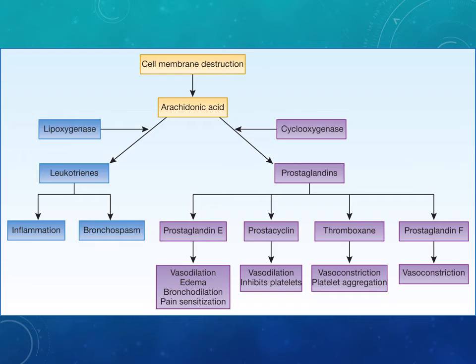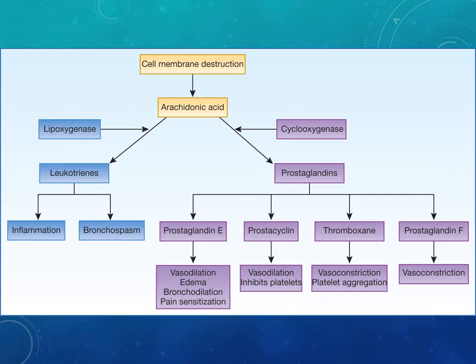So this shows what happens in the inflammatory process, where we start with destruction of cell membranes, which results in the release of chemical mediators, which include histamine, prostaglandins, leukotrienes, etc. And then two major enzymes are required to produce these mediators, lipoxygenase and cyclooxygenase, or COX.